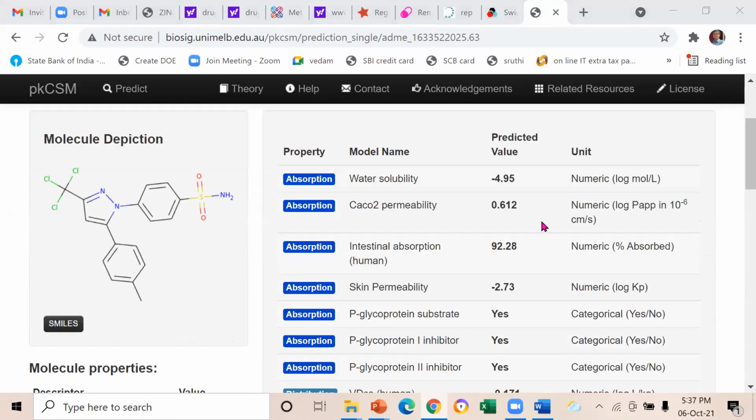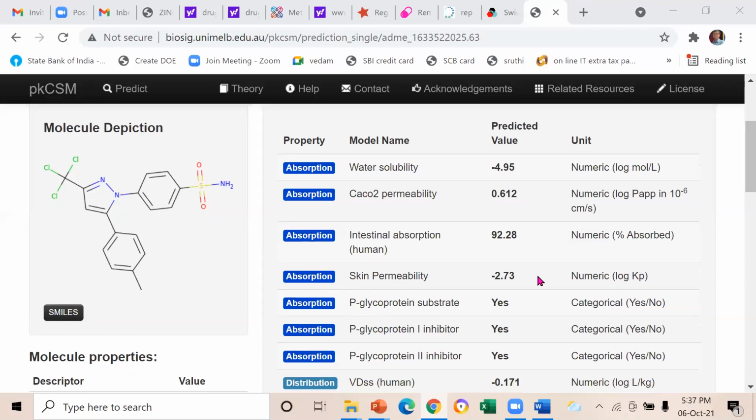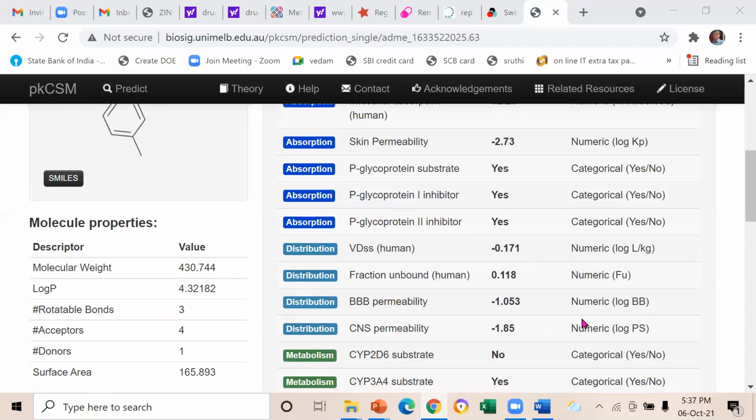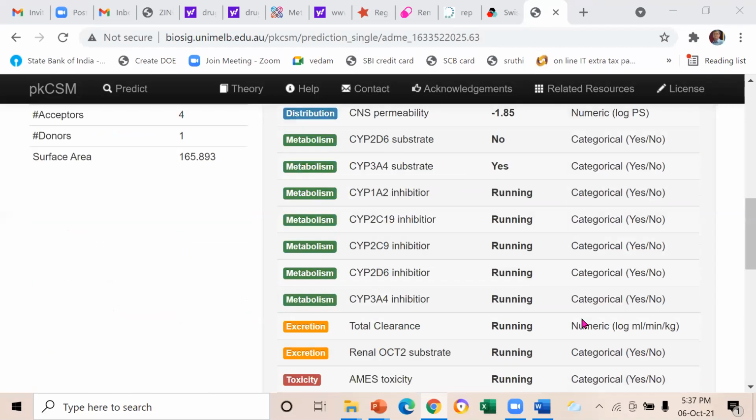So it's calculating the properties of this new molecule, which has chlorine, whereas the silicoxib, which is a commercial product, has fluorine. Okay, you can see this running.